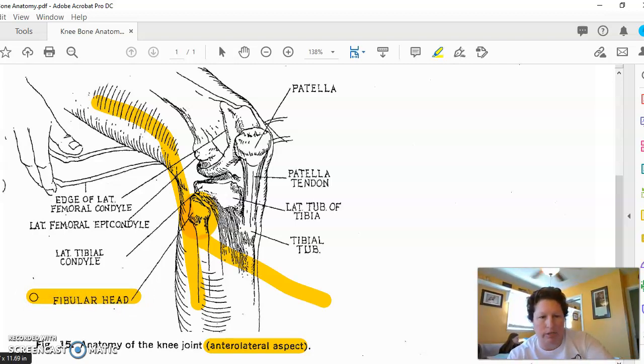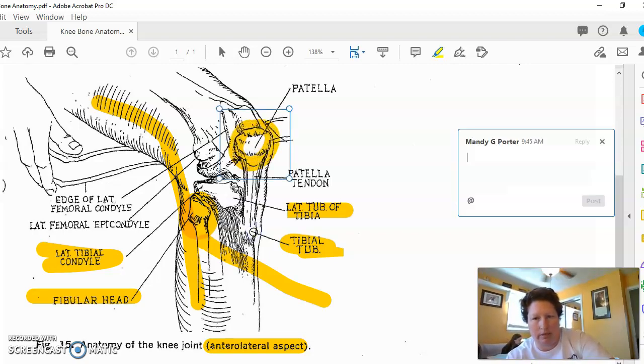Then since we're down here, we're going to start with the tibia. You need to know the tibial tubercle again, the lateral tubercle of the tibia, and the lateral tibial condyle. All of those go right here with the tibia. Then we again have the patella and the patella tendon.